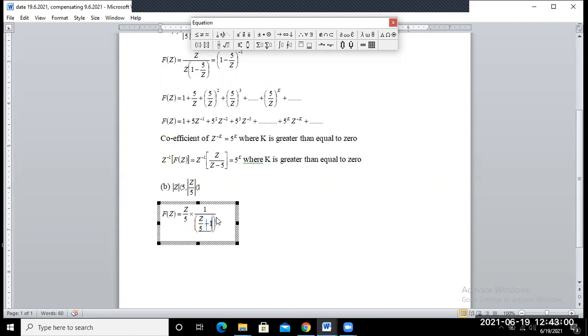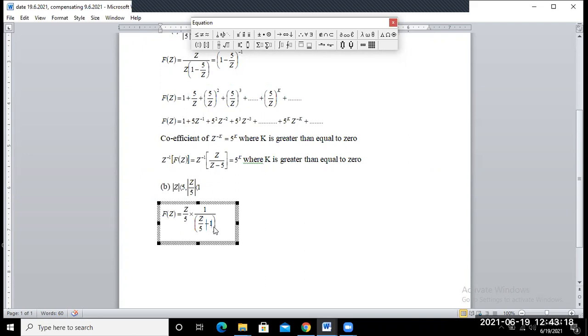Okay. So we can transfer this denominator portion to the numerator, then we can write (z by 5 minus 1) to the power minus 1. So this equation can be transformed just like a 1 minus r form.